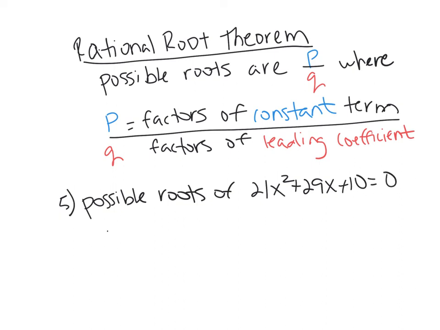So we're first going to find factors of p. Well, what's our p value? Our p value is our constant term, so that's going to be 10. So what are factors of 10? Well, I could have plus or minus 1 and 10, or I can have plus or minus 2 and 5.